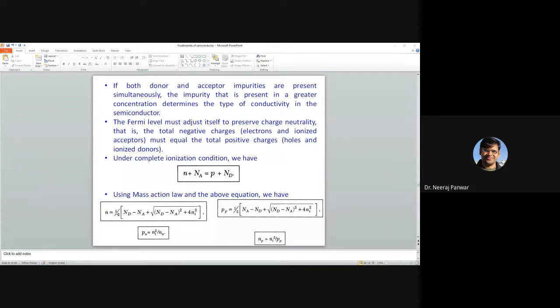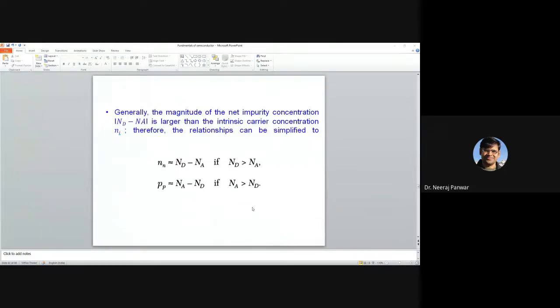It is given by 1 by 2 times (Nd minus Na plus under root of (Nd minus Na) whole square plus 4 ni square). Similarly, the hole concentration is given by this. If we know the electron concentration, we can calculate the hole concentration, and if we know the hole concentration, we can calculate the electron concentration in the conduction band.